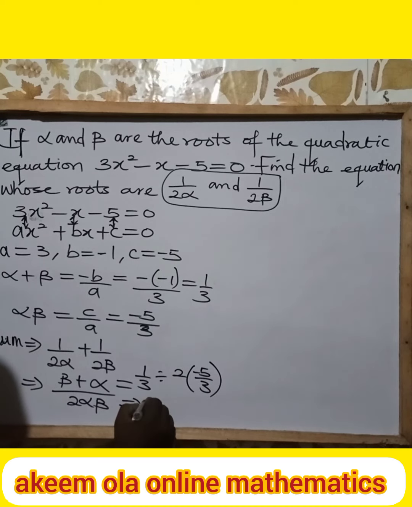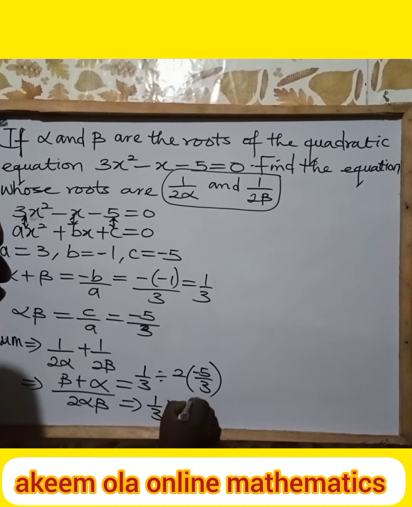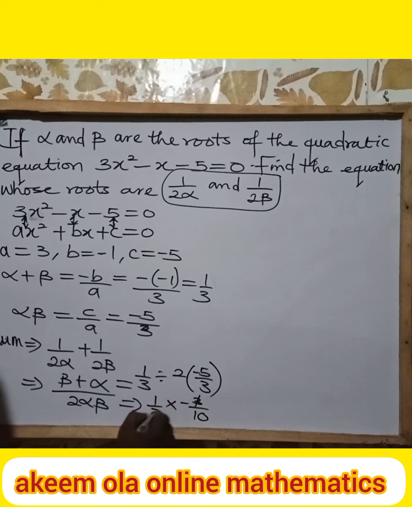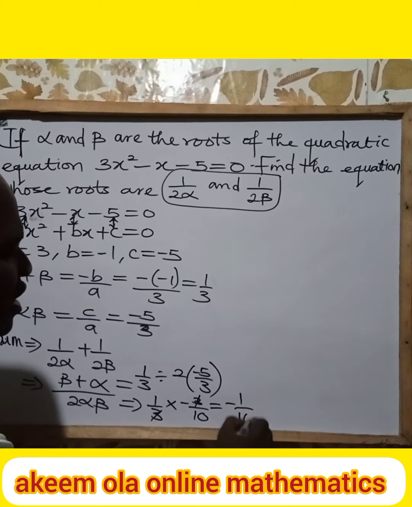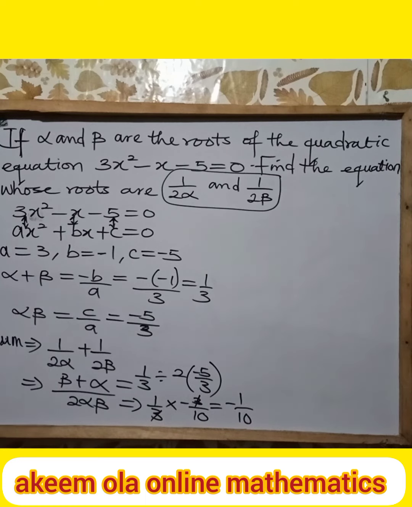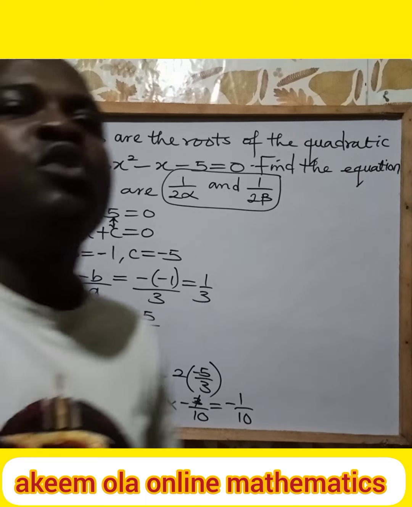Solving further, we have 1 all over 3 times minus 3 all over 10. So this will cancel, this will cancel. We are now left with minus 1 all over 10. That is the sum of the new roots.